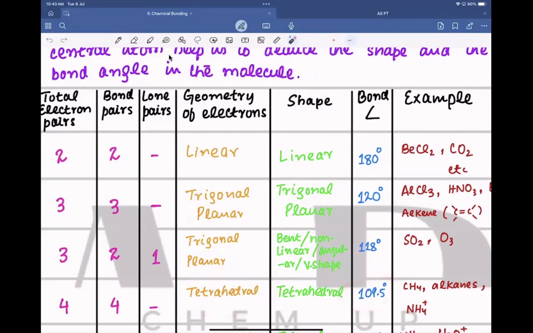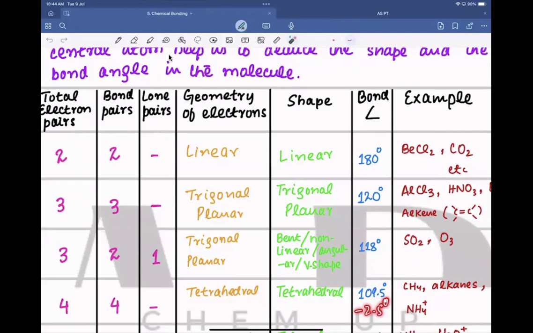It would decrease because of the decreased repulsion, and it decreases from which value? 109.5. So remember, whenever the electron geometry is tetrahedral, each lone pair contributes a decrease of 2.5 degrees in the bond angle.